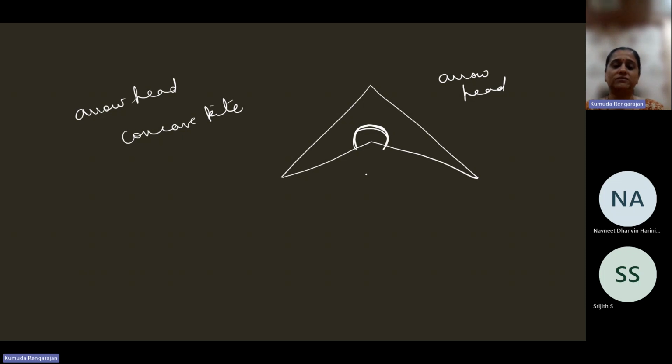It's a reflex angle. This figure is a kite. Why is it a kite? Because adjacent sides are equal. This side is equal to this side, and this side is equal to this side. Adjacent sides are equal, so it's a kite. But it's a concave kite because this angle is more than 180 degrees.